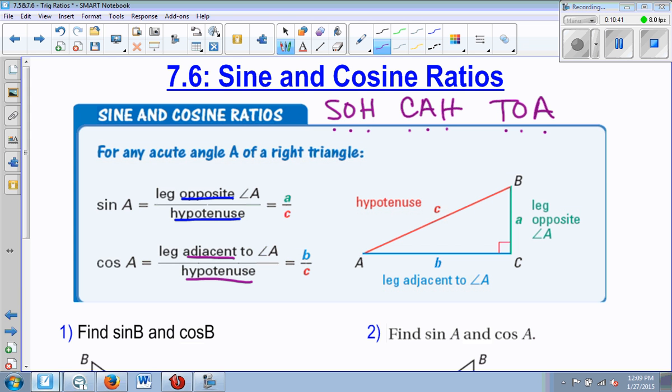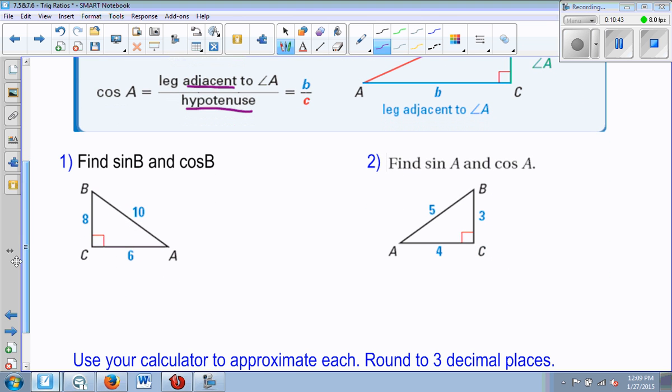So in the bottom problems down here, notice the first one says find sine of B. So from B, I'm going to label the sides. The 6 would be opposite, the 8 would be adjacent, the 10 is hypotenuse. From above, when we do SOHCAHTOA, sine uses the opposite and the hypotenuse, which means in this case, I would be using the values of 6 and 10.